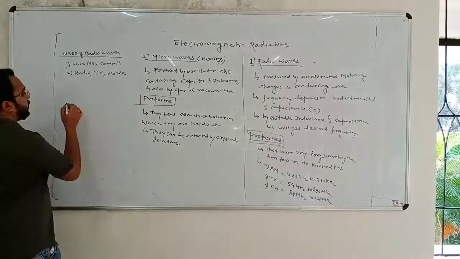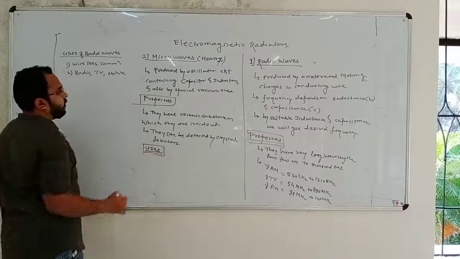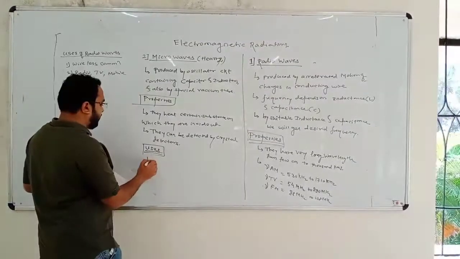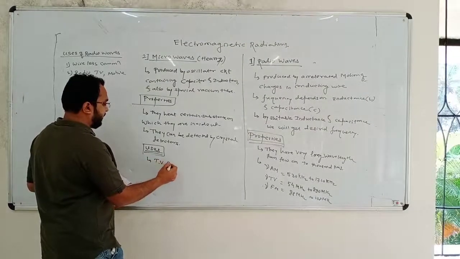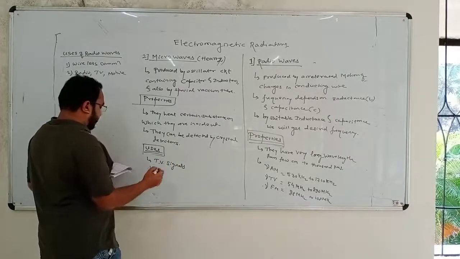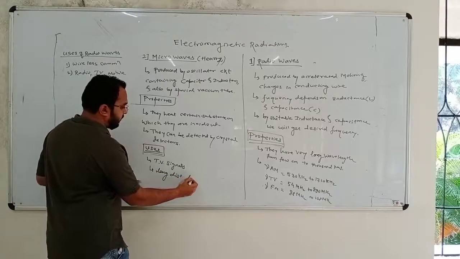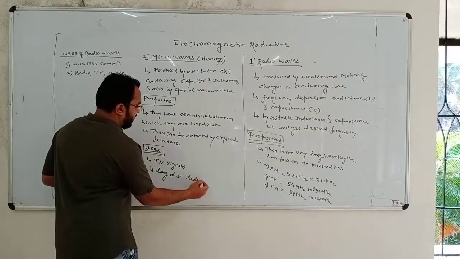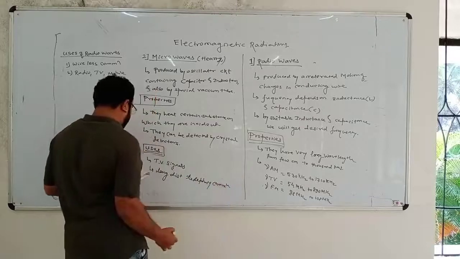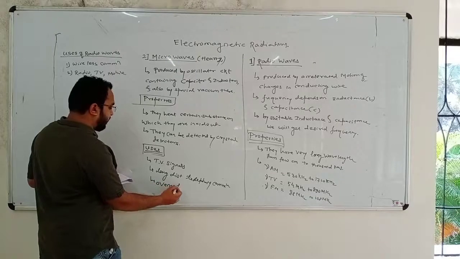Now we will see what are the uses of microwaves. Used for TV signals. Again, these can be used for TV signals. Then for long distance telephonic communication. Ovens for cooking.